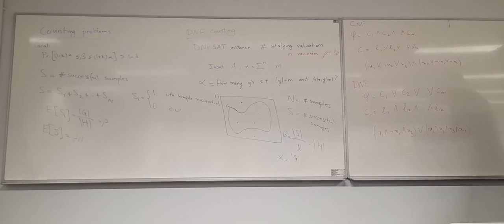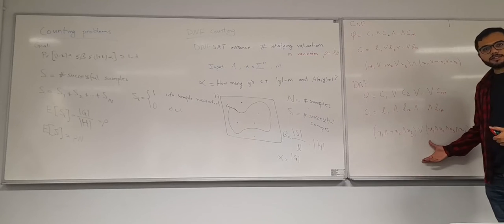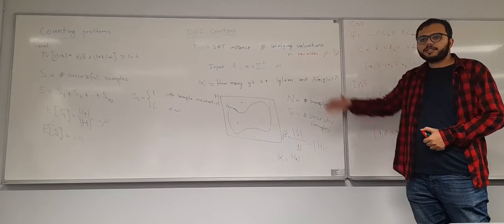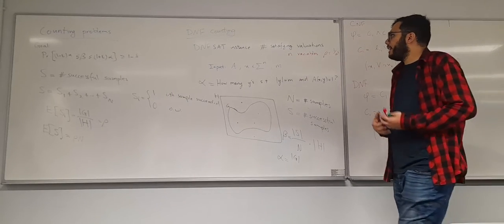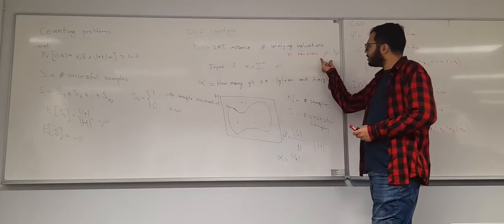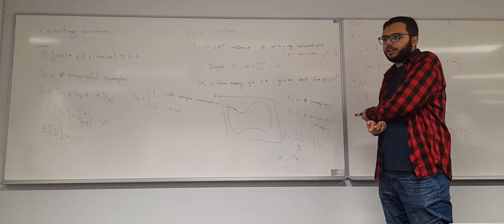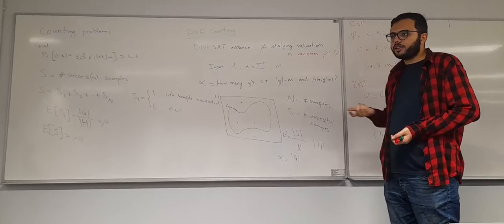But again, we're not working on the decision problem here. We're just working on the counting problem. So I've given you a DNF instance that looks like this, and I'm asking you how many satisfying valuations this instance has. Now again, it might be that this ratio rho is small even for a DNF formula. I don't have any reason to say that if a formula is given in DNF, then this rho is large.